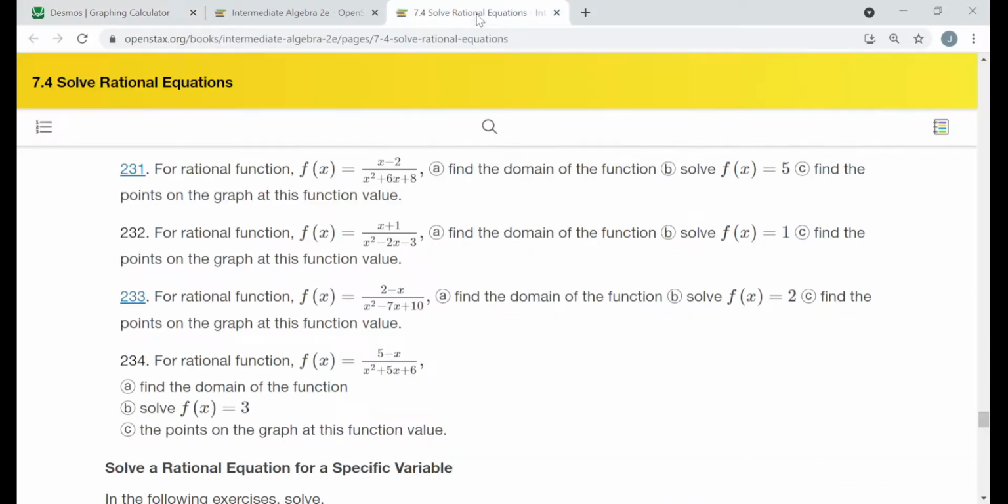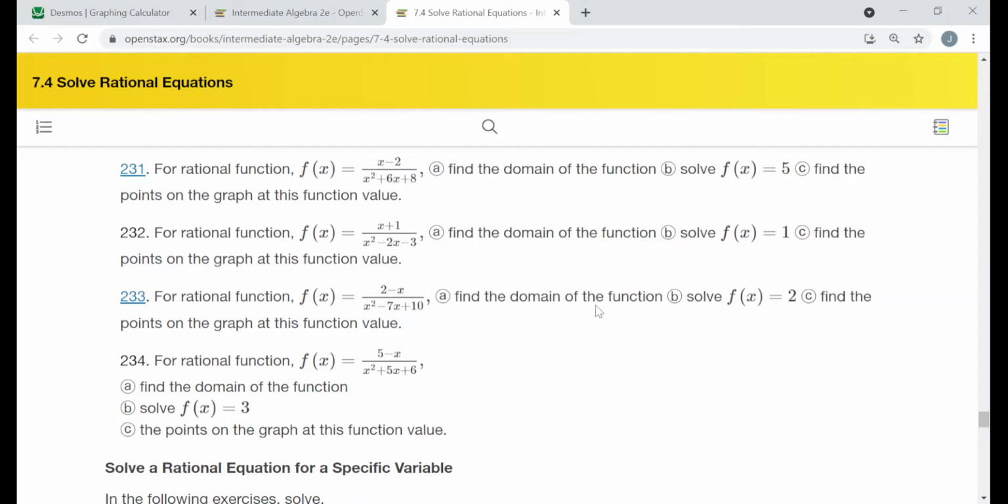Great. All right, example 3, which is exercise 233. It's for the rational function f of x equals, the numerator is 2 minus x, denominator is x squared minus 7x plus 10.